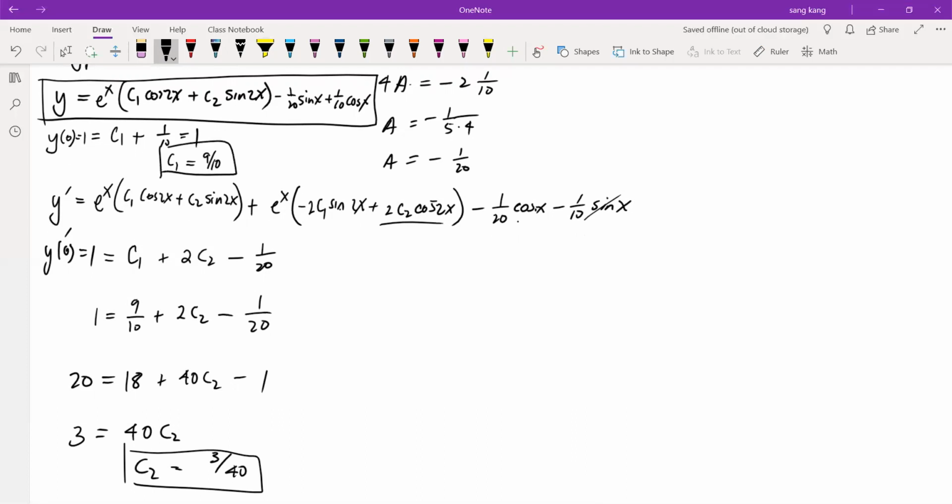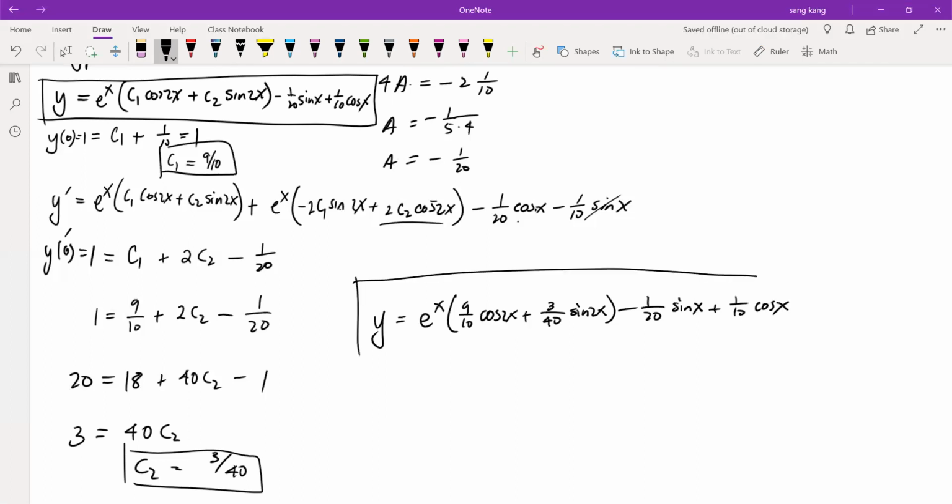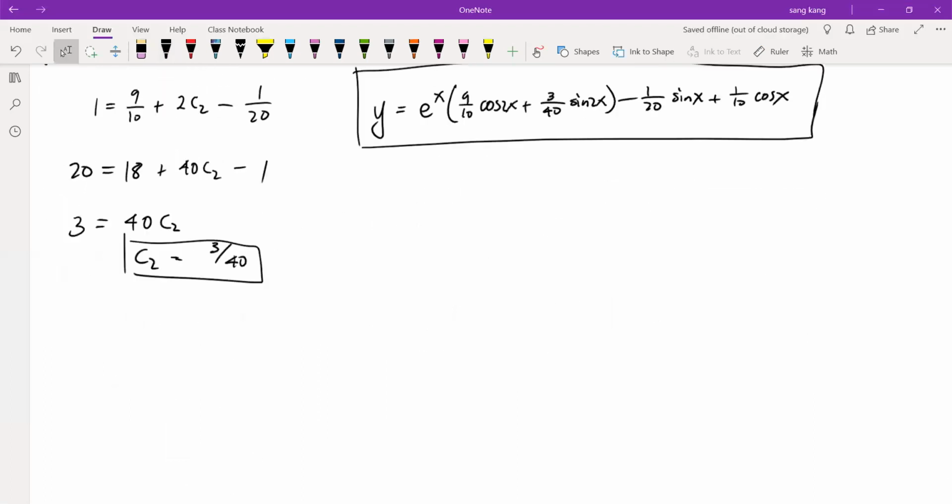So we have y equals e^x, c1 is going to be 9/10 cos 2x plus c2, which is 3/40 sine 2x, minus 1/20 sine x plus 1/10. Okay, so there's my solution to our initial value problem. Hopefully all the algebra is correct.